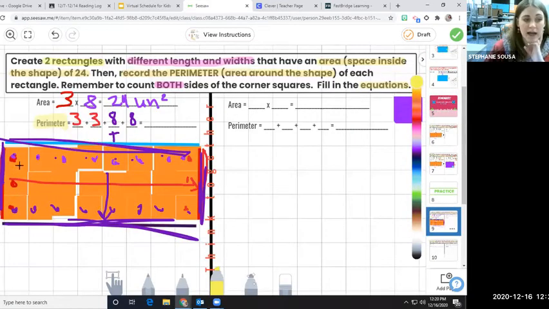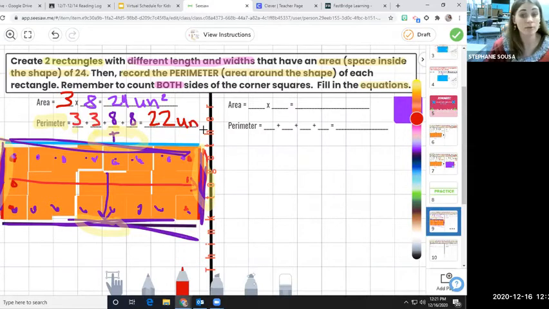So on slide 9, a lot of you did 3 times 8. And it doesn't matter if you did it here or here. Either order is fine. For 3 times 8, you have a perimeter of 3 from this side, 3 from this side, 8 from the top, and 8 from the bottom. Altogether, that gives you a perimeter of 22 units, not units squared.